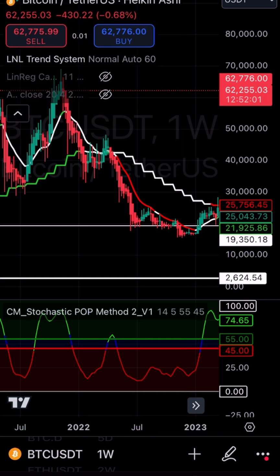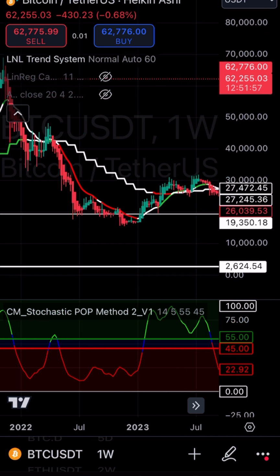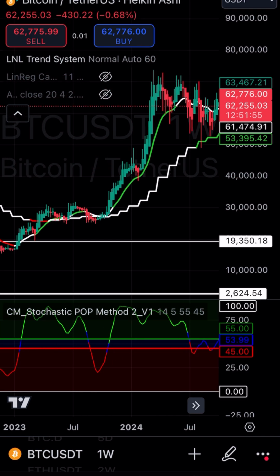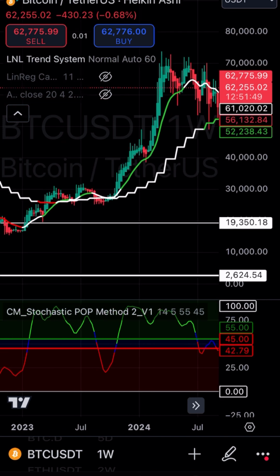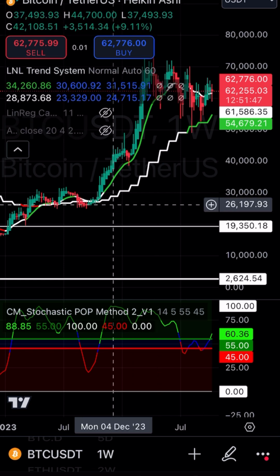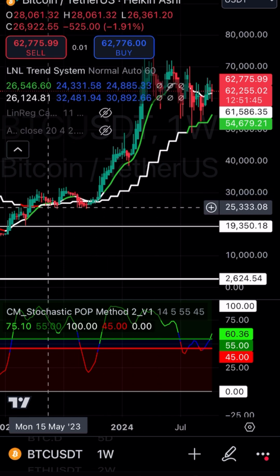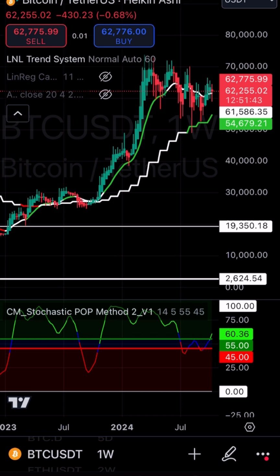So if you see this crossing down on a weekly, you know we're in a bear market. If you see this crossing up, you know we're in a bull market. So you could ride the whole thing out, and you could position yourself to be in a pretty good trade when you see these lines crossing. So this is on the weekly.